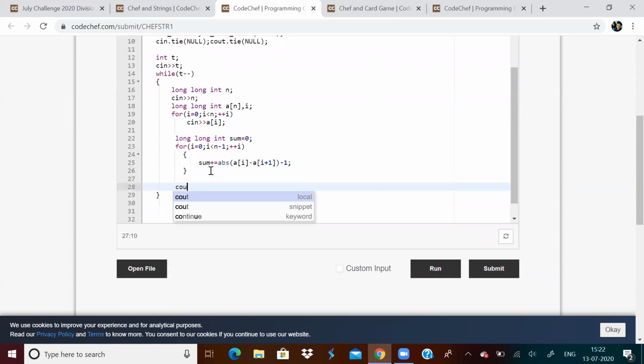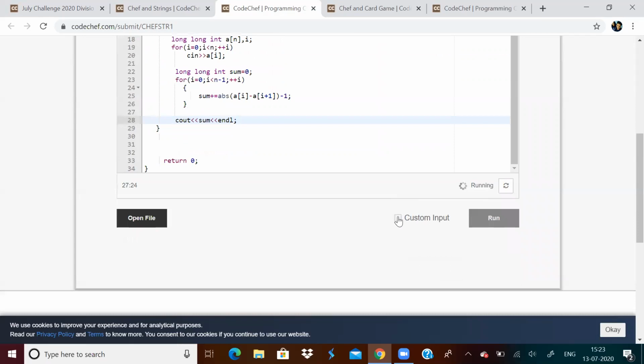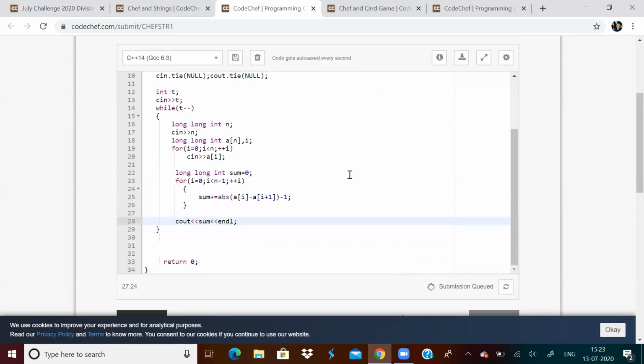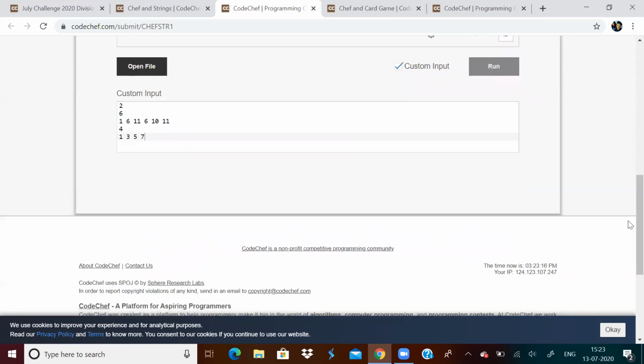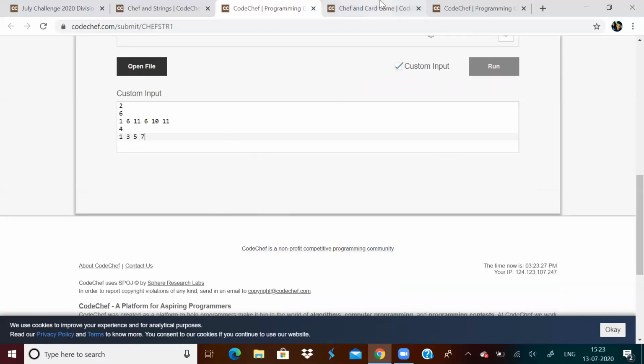So let's see if this is correct. I don't know, it's unable to run or something.